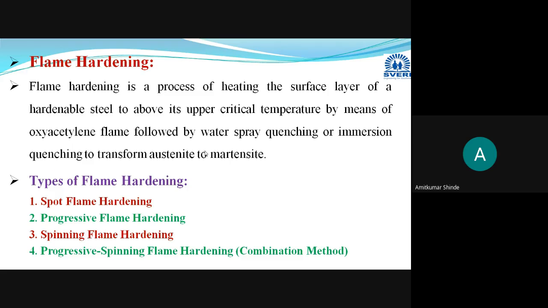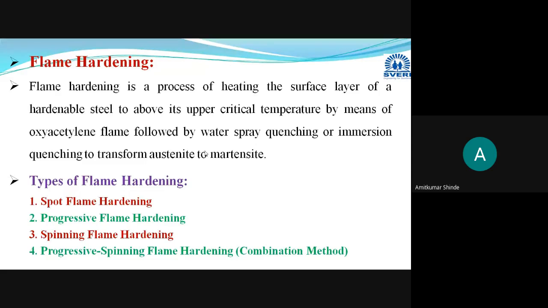You have to take a hardenable steel, and heat its surface layers with the help of an oxyacetylene flame above its upper critical temperature. Above upper critical temperature means above A3 for hypoeutectoid steels, or above the ACM temperature for hypereutectoid steels.